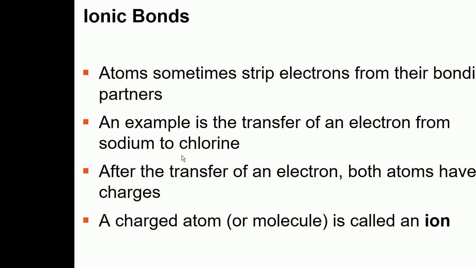When one atom loses electrons, it gets a positive charge, and when one atom gains electrons, it gets a negative charge. They are no more neutral atoms, so they become ions. The bond formed between the positively charged and negatively charged ions is called the ionic bond.